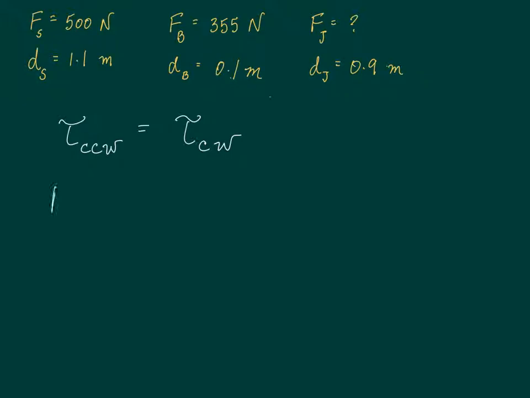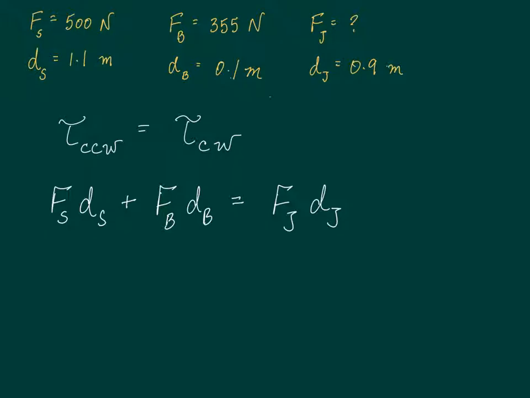So we have Fs, or force of Susie, times distance of Susie, plus force of the beam times distance of the beam. That's our left side. Those are the torques counterclockwise. And this is all going to equal force of Jimmy times the distance of Jimmy. Okay, so these are our torques counterclockwise. These are our torques clockwise.